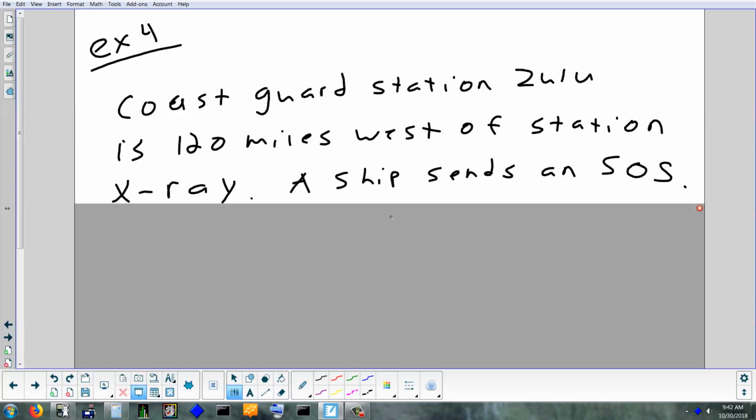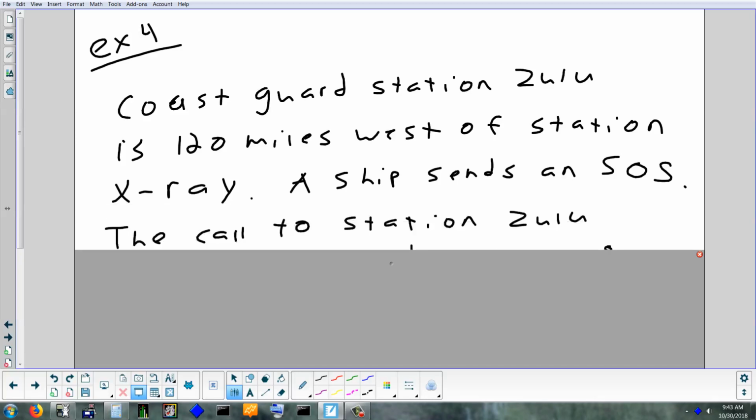It's nighttime, so they can't see any landmarks. It's cloudy, so they can't see any stars. They pretty much have no clue where they are. And they have no way of reaching anybody except using a light on the top of their boat. That's all they have. A big, very powerful light. So that's how they're going to send out an SOS.